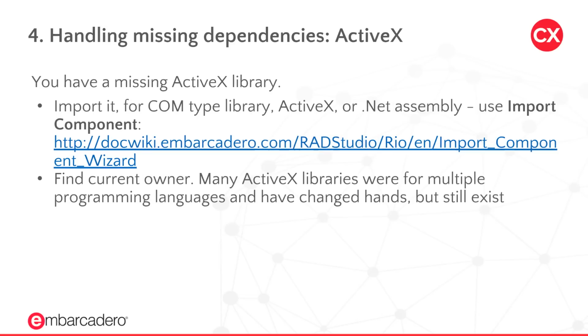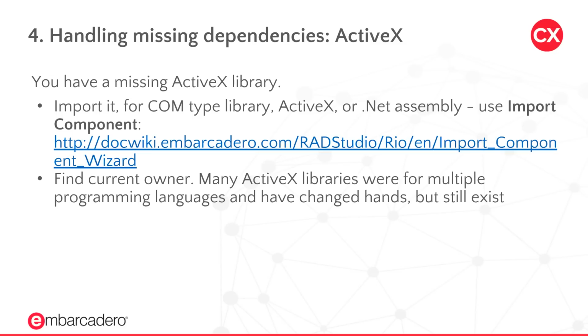But as well, find the current owner, because many ActiveX libraries were written for multiple programming languages. They could be used from Visual Basic, as well as from Delphi, as well as from Visual Studio. And they may have changed hands over the past 20 years. I can think of several that I know existed back in 2002, for example, and still exist today, even though they've been sold to a different company.